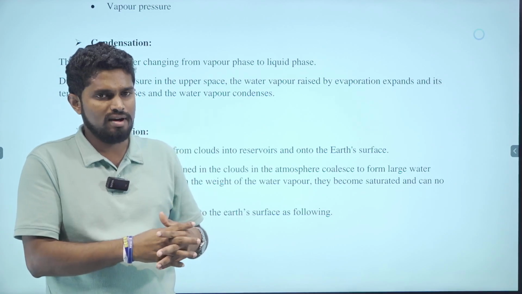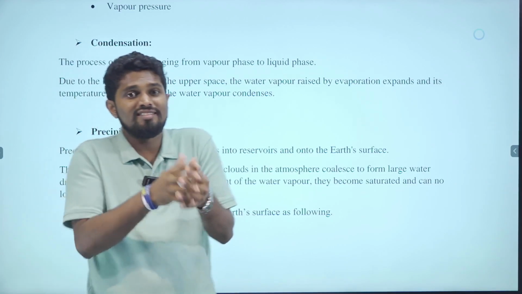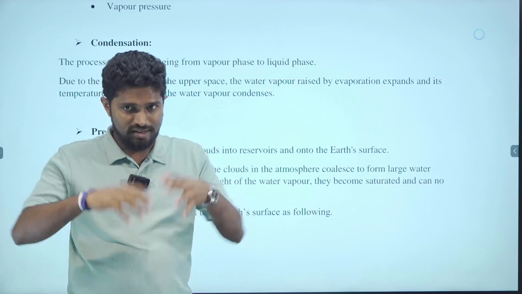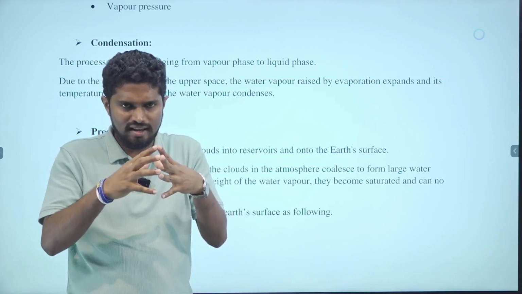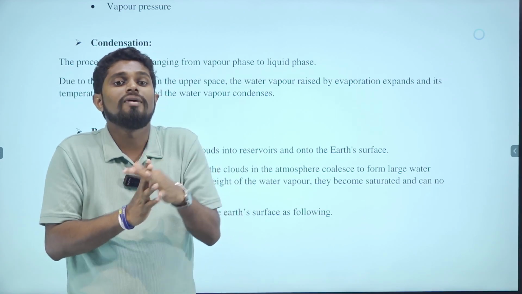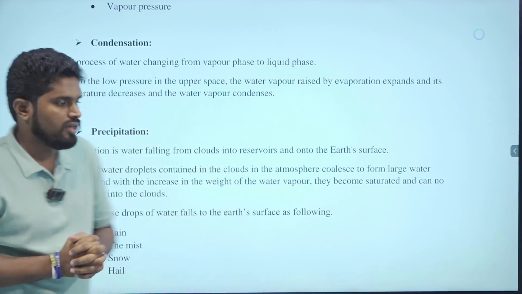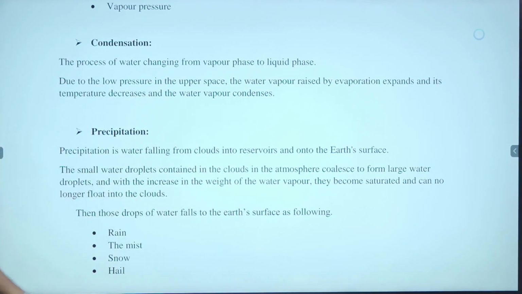If the barrier is higher, normally, if humidity is higher, evaporation is very low. High humidity means the barrier is higher. Humidity is very high means the evaporation rate is very low. But if the temperature is increasing, evaporation happens very speedily.